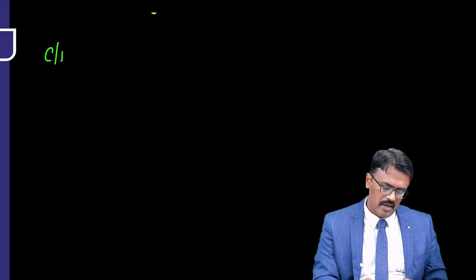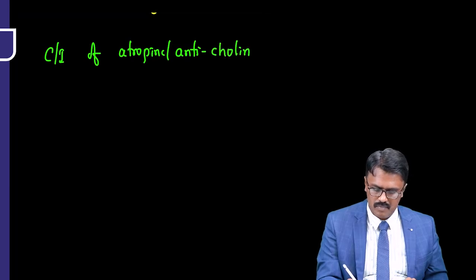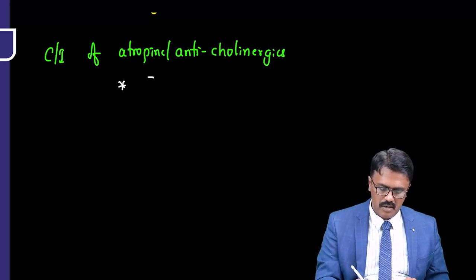Another important point you need to keep in your mind, what are the contraindications where you should not use atropine or anticholinergic drugs. So remember, it should not be used in elderly patients. Point number 1, a male elderly patient already has benign hypertrophy of prostate, and these drugs cause urinary retention there.